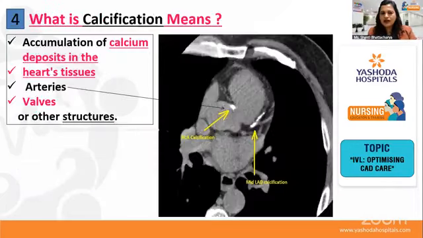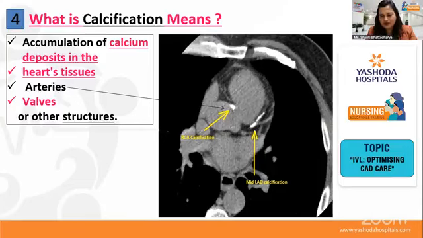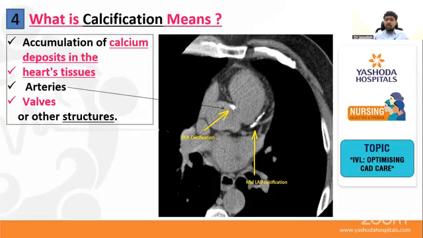Let us talk about, sir, I think these calciums are just seen like this in imaging. Are these the plaque of calciums? Whenever a cardiologist says calcium, calcium can be deposited anywhere in the heart. It can be deposited in the heart blood vessels, in the heart valves, or rarely in other structures, even in the heart muscle.